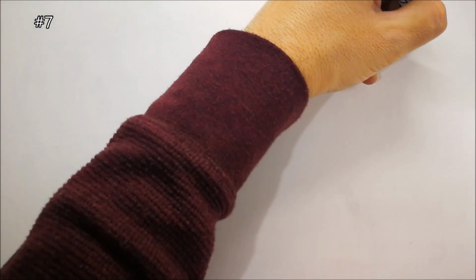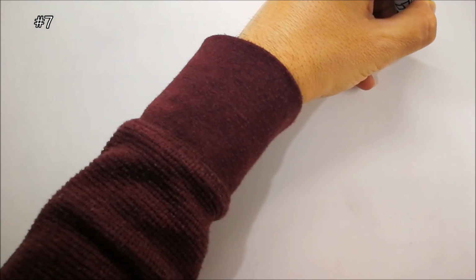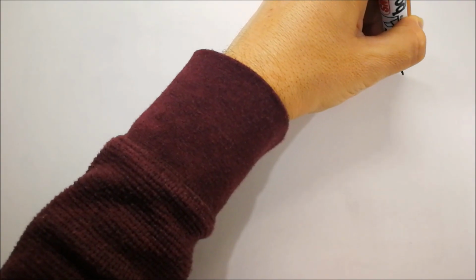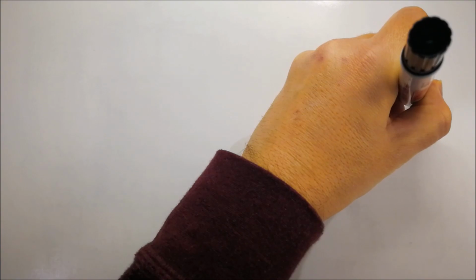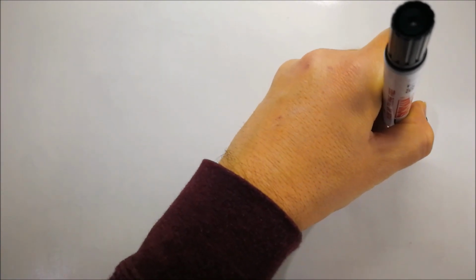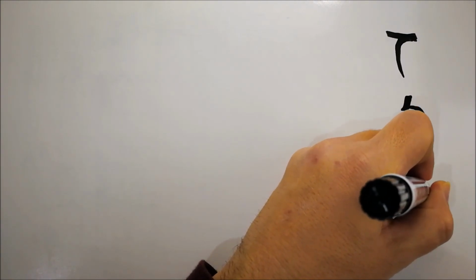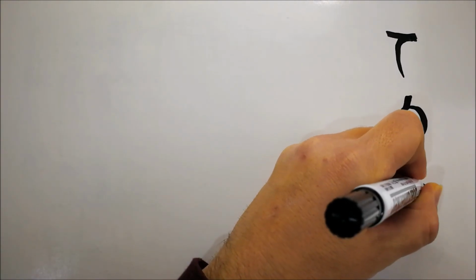The next letter is Zayin. This is how you write Zayin in print. This is how you write Zayin in handwriting. This is how you spell the letter.